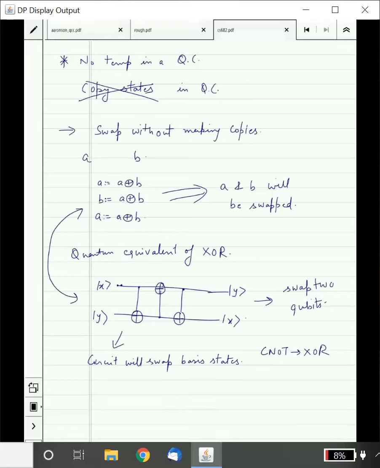And then by linearity, you will get that for any 2 general quantum states, swap will work. This circuit will work for any 2 basis states. You can check and convince yourself.